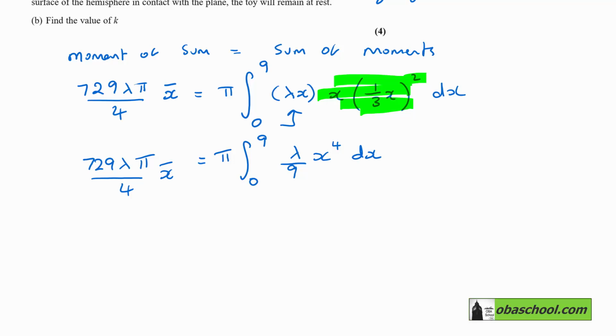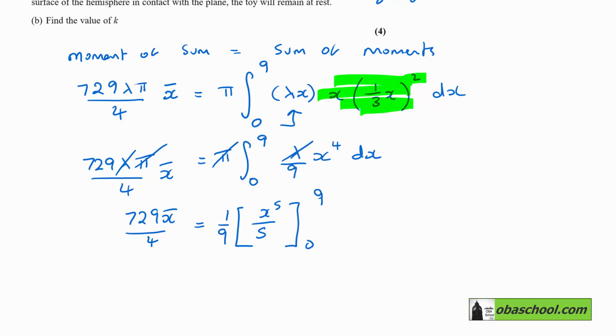So we've got lambdas that we can cancel here, and we've also got a pi that we can cancel out. So we've got 729 x bar over 4 equals 1 over 9 x to the 5 over 5 from 0 to 9.